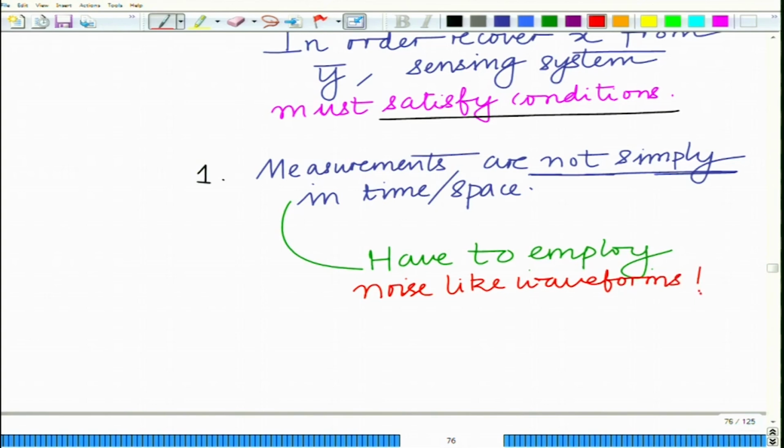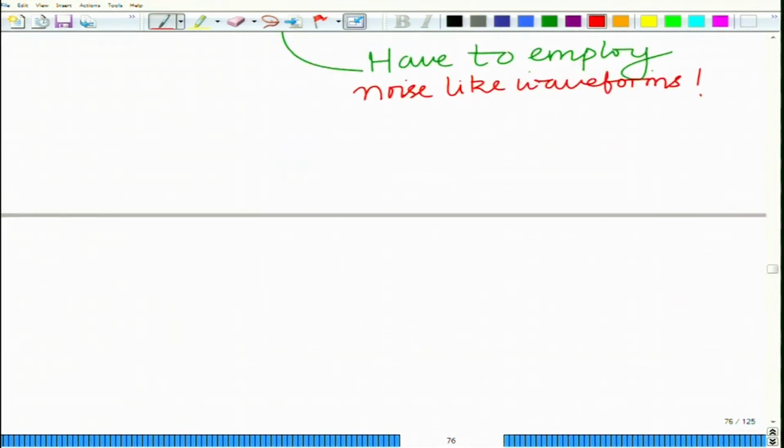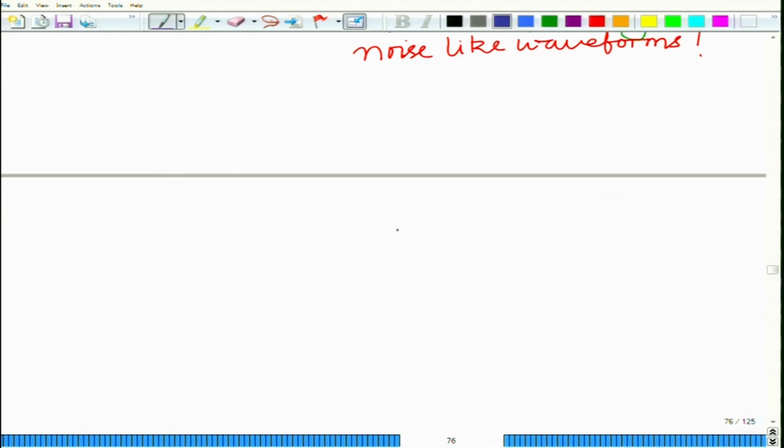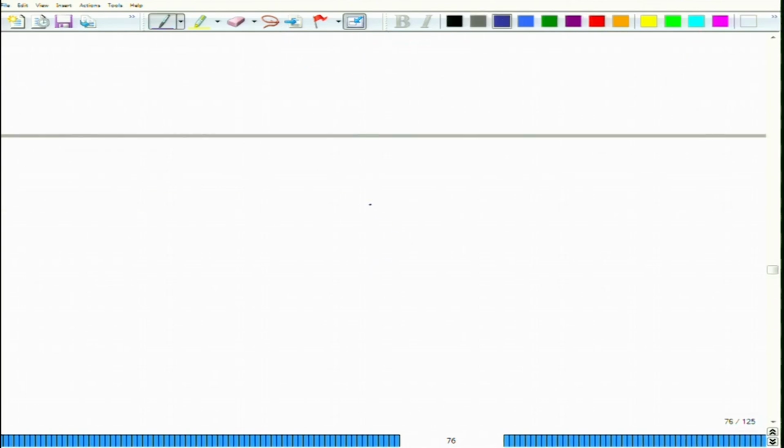What is the meaning of that? If you look at the sensing matrix phi, remember it is m cross n, which means there are m rows and n columns.